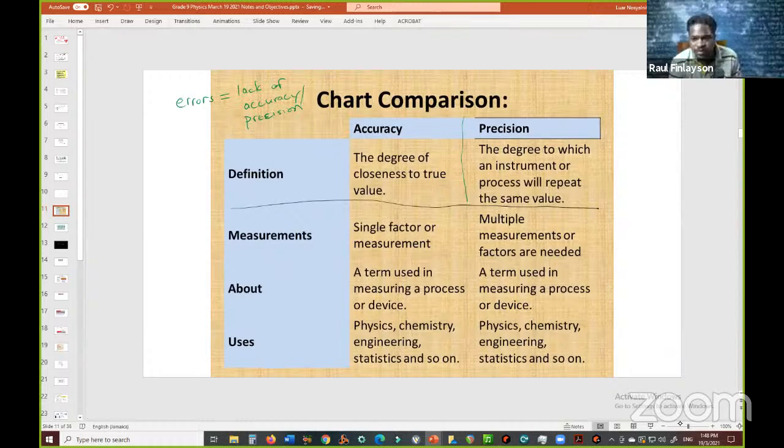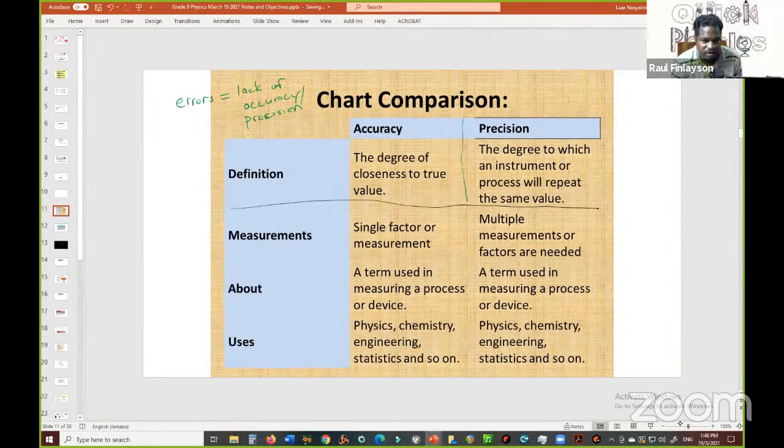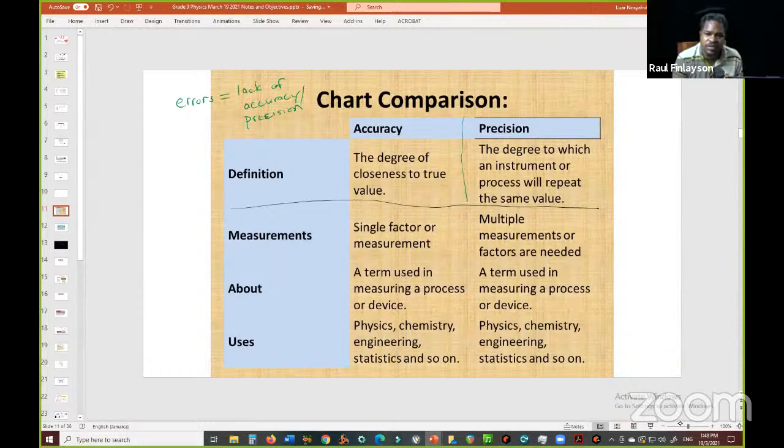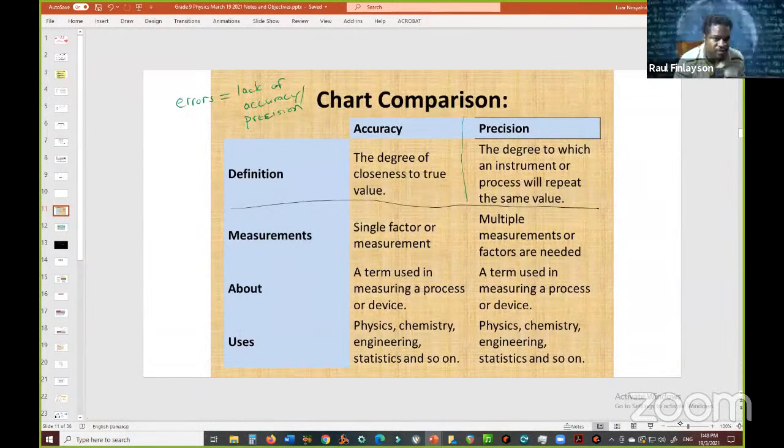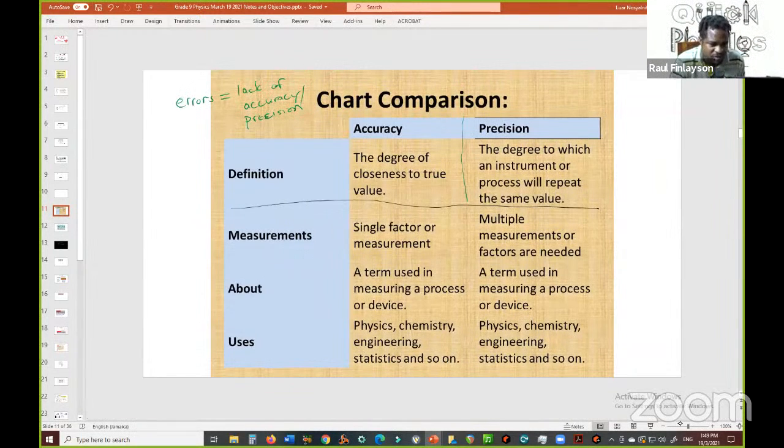So again, what is the true value of your weight? If you go on a scale, that is considered the true value. However, if you go to the doctor and you take your measurement, he's going to write the value that he sees in his file on you. So if anything should happen to you, they're not going to use the weight that you took at home in the bathroom. They're going to use the weight that he recorded in the doctor's office, and that's on your file.